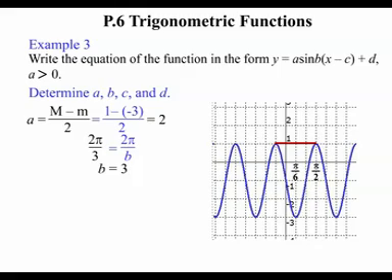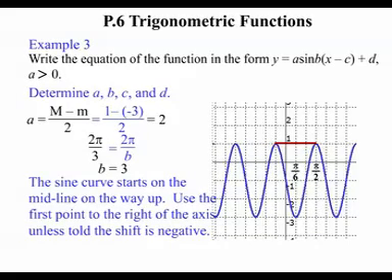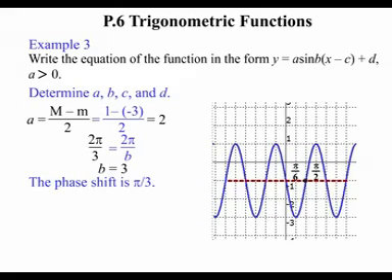Our c value, well, we could choose many c values, but as a whole, we want to choose the c value that is the closest to the y-axis on the right. In this case, the sine function starts on the midline, so it's going to be the first point on the midline to the right of the y-axis.